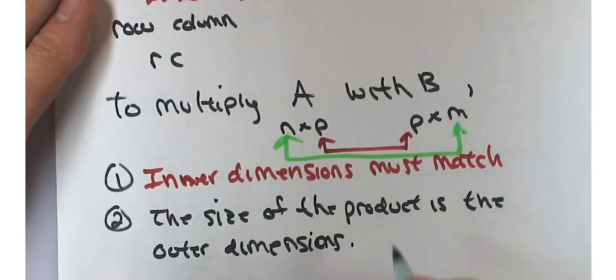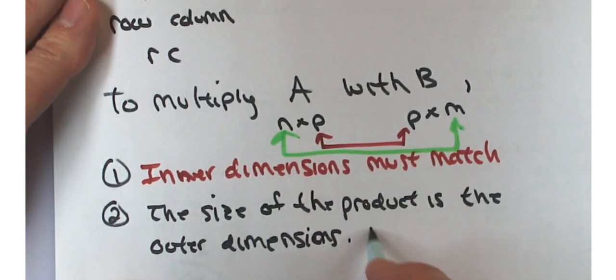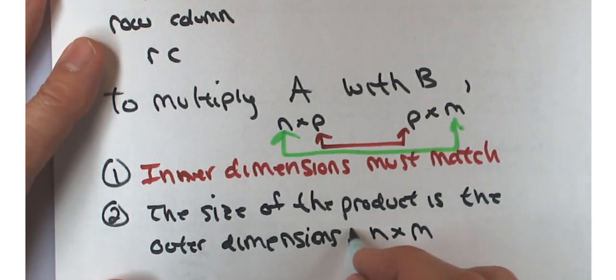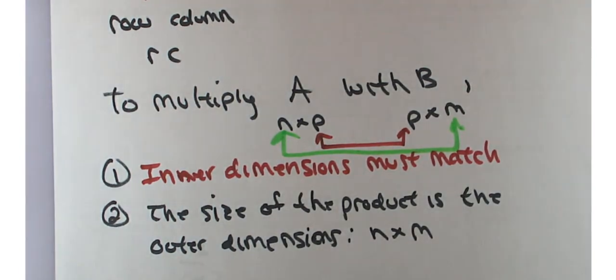So those outer dimensions in this case are going to be n by m. So this is just kind of strange. It's like I said earlier, it's going to be different than what you're used to.